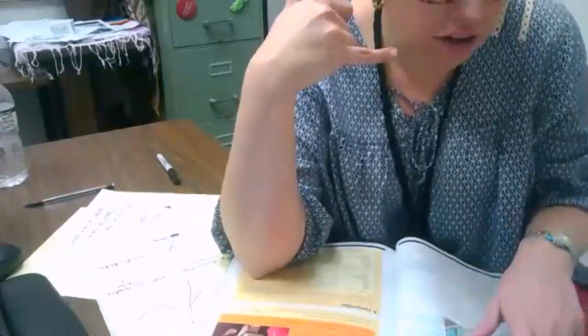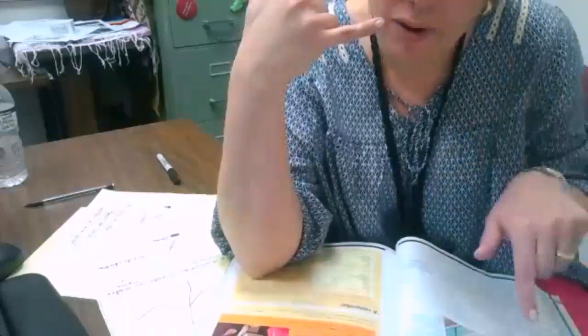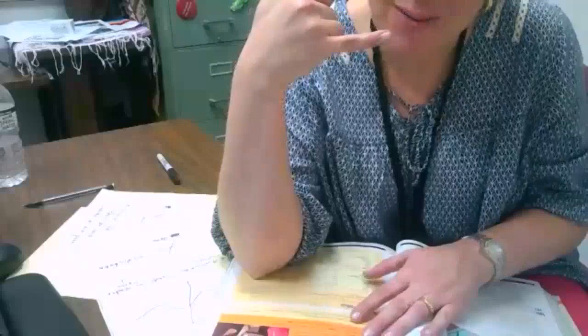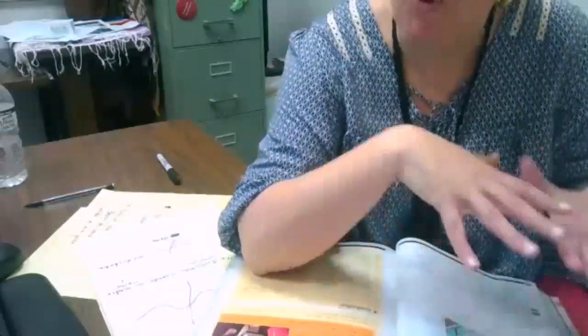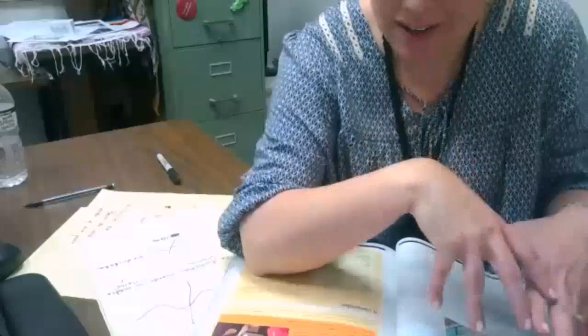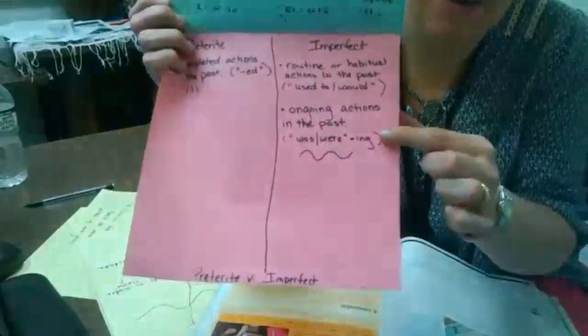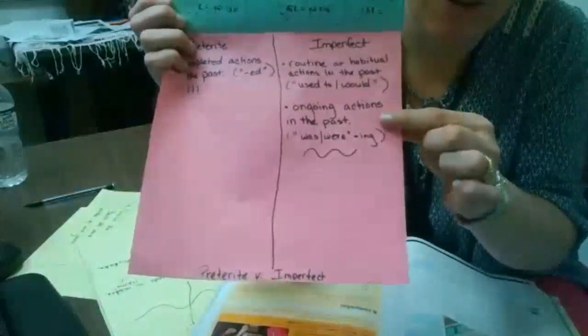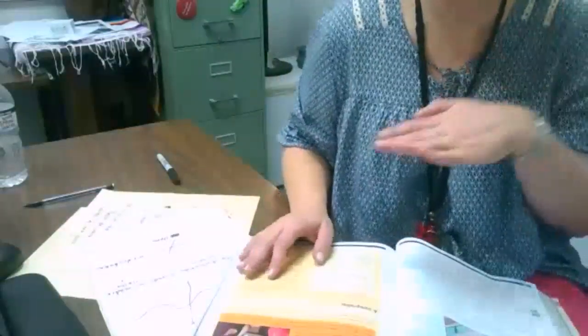So in the instructions, they use the verb call in the preterite tense. Llamó. But she interrupted all of these people. What were they doing? What were they doing in the imperfect tense? What were they doing when she called and interrupted them? Okay? So that's an example of ongoing and interrupting.